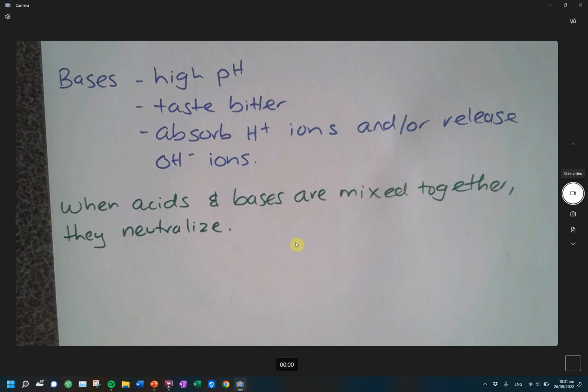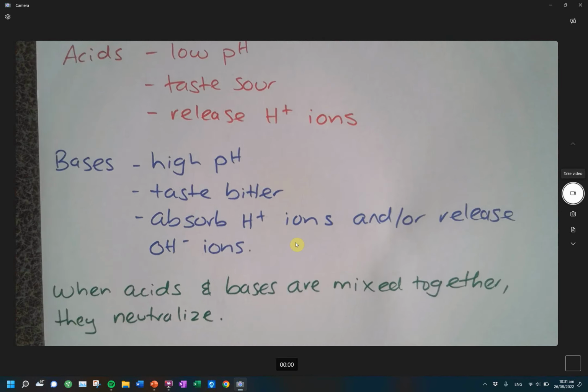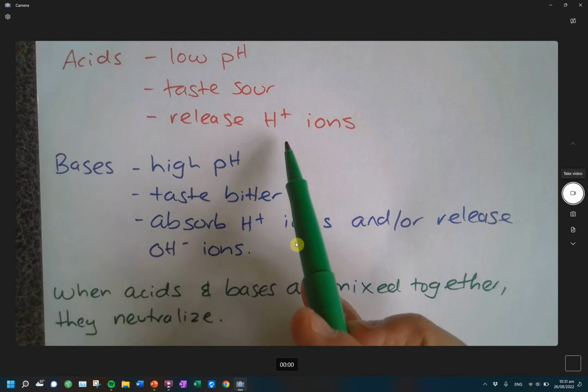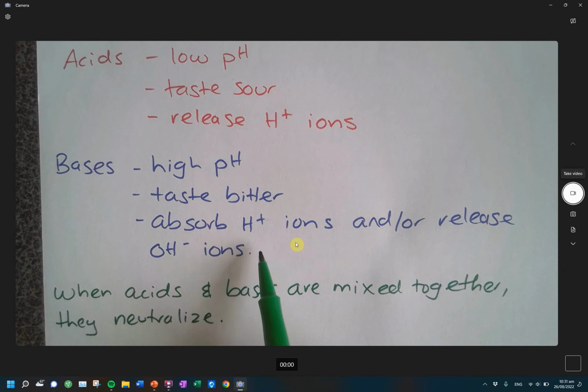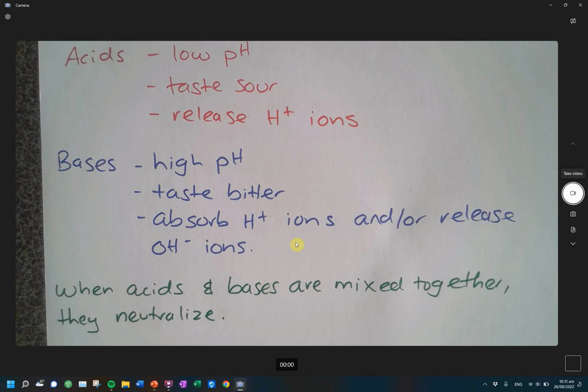So that neutralization is what we talk about with that pH being 7. Which makes sense because when we look at what they do, we see one releases hydrogen ions and one absorbs them. So you see how they're going to cancel each other out.